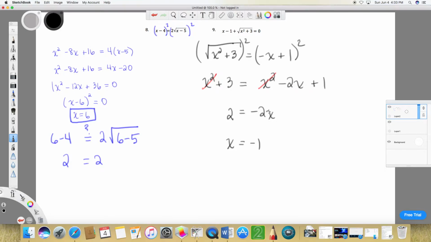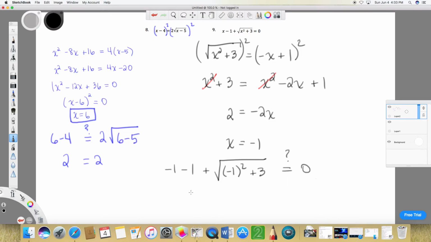Now, we don't know if this is a solution yet, though. Let's plug it in and see. Where x is, we replace with negative 1, so instead of x minus 1, we've got negative 1 minus 1 plus the square root. You're going to have to square this negative 1, which is still positive 1, and add 3 to it. The question is, are we going to get 0?